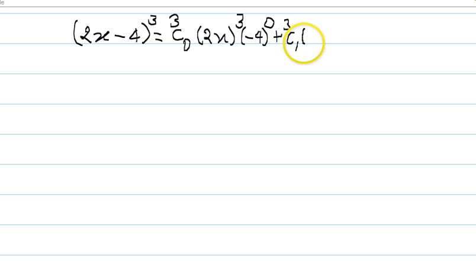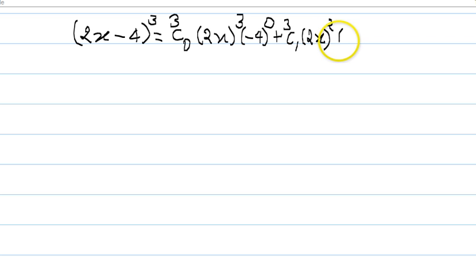As I told earlier, the power of the first term is the difference of the superscript and the subscript. Superscript is 3, subscript is 1, so 3 minus 1 will be 2. So here I am going to write 2.